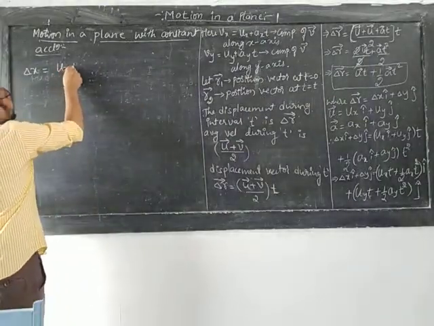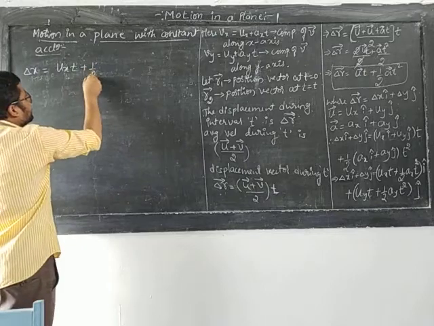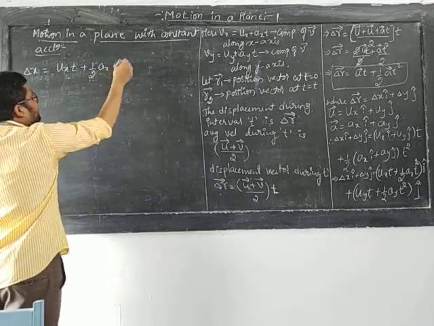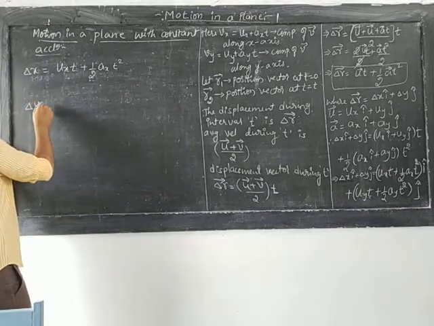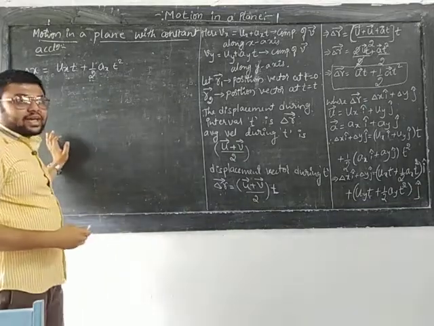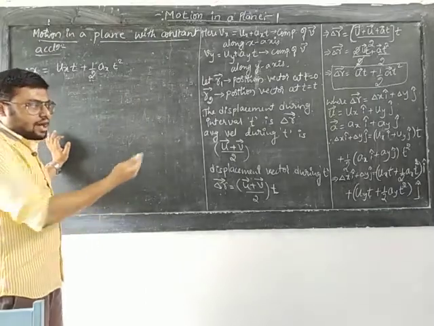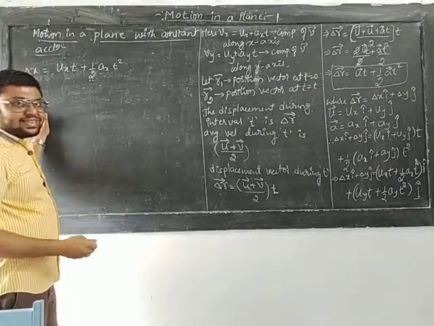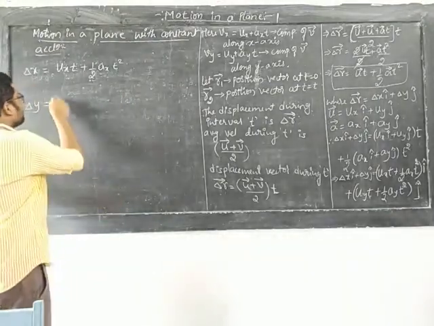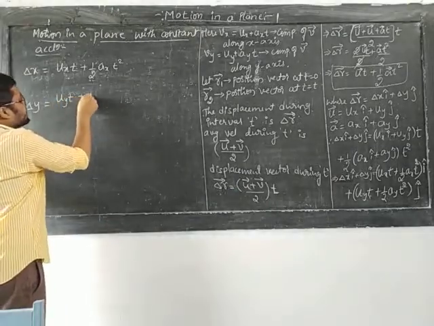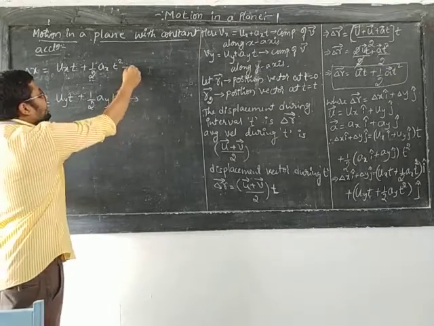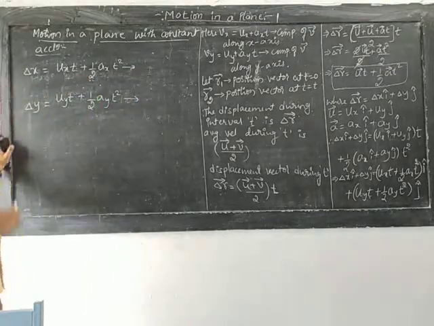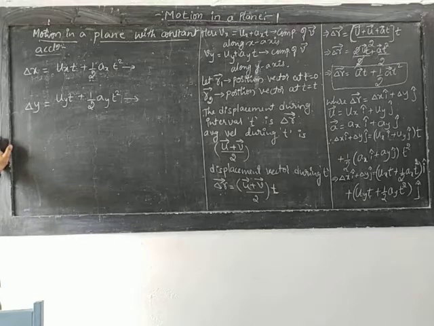So ux into t plus half ax into t square, right? And here delta y is equal to the coefficient of j from both LHS and RHS side. We have delta y at the LHS, and at the RHS we are going to have uy into t plus half ay into t square. And then what these two factors are going to represent?